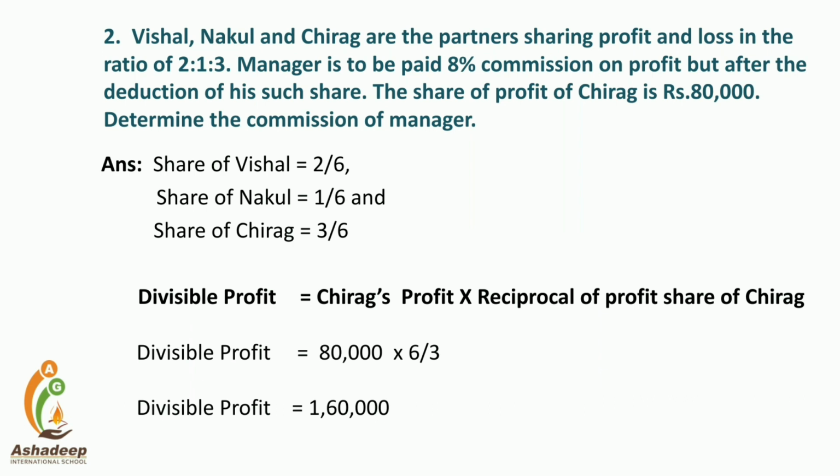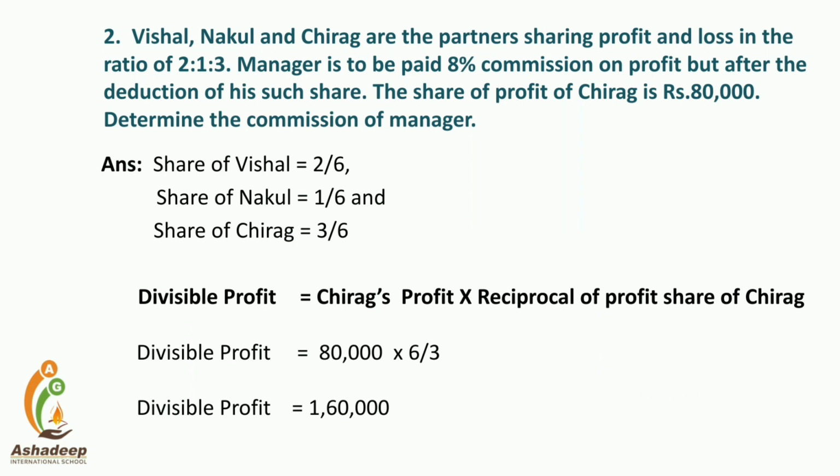In the second one, there are three partners, Vishal, Nakul and Chirag. They share their profit and loss in the ratio of 2:1:3. Unlike the last question, here the profit sharing ratio is given. In our last question, the profit sharing ratio was not given. The manager is to be paid 8% commission on profit, but after the deduction of his such share.